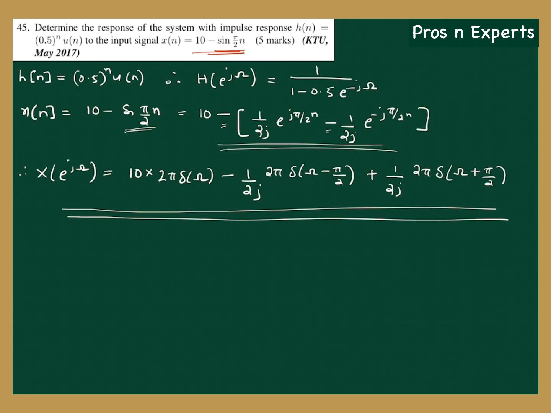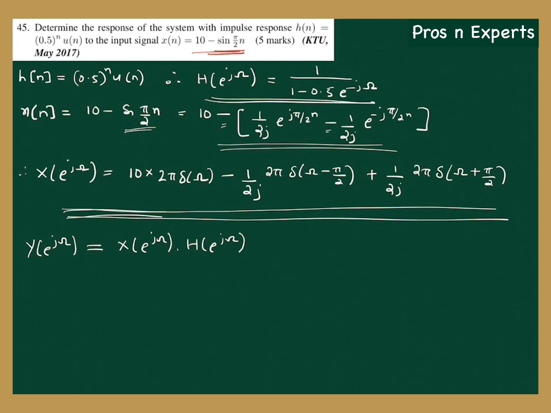Now, as per the traditional methods, we have H of e raised to j omega here and X of e raised to j omega here. So the response, Y of e raised to j omega, using the convolution property of DTFT, we can write as X of e raised to j omega into H of e raised to j omega.